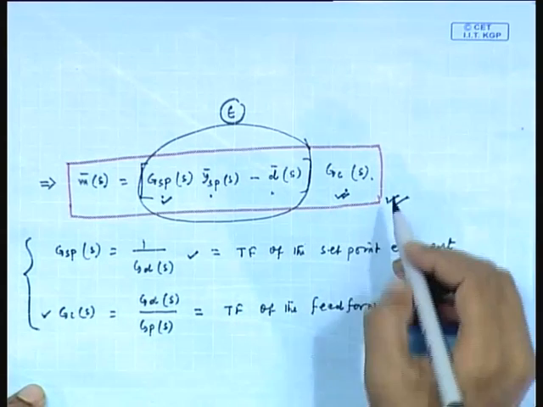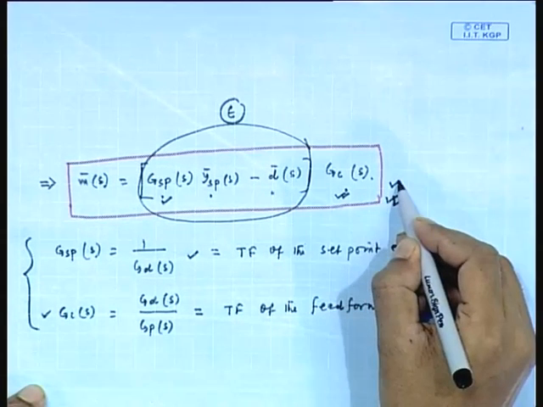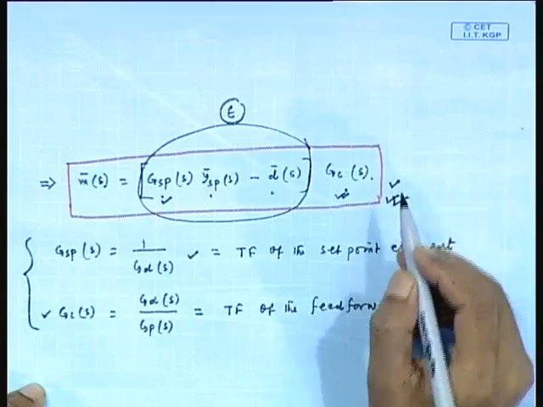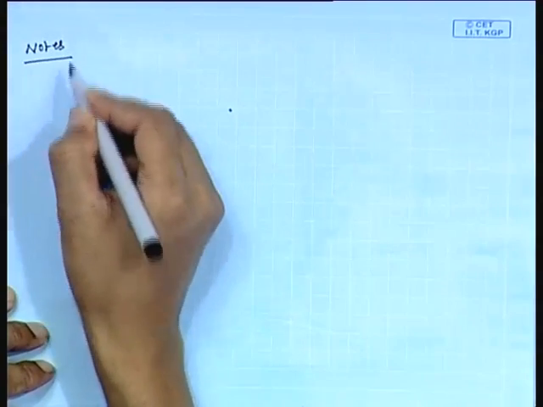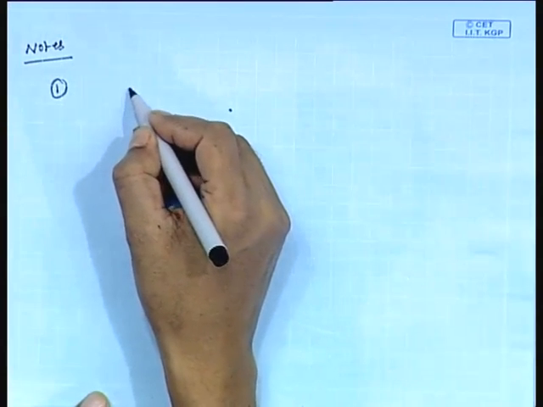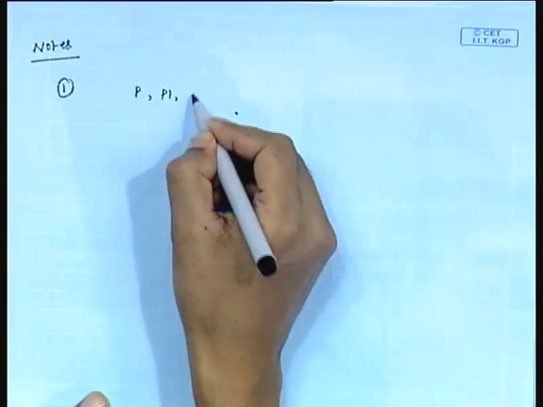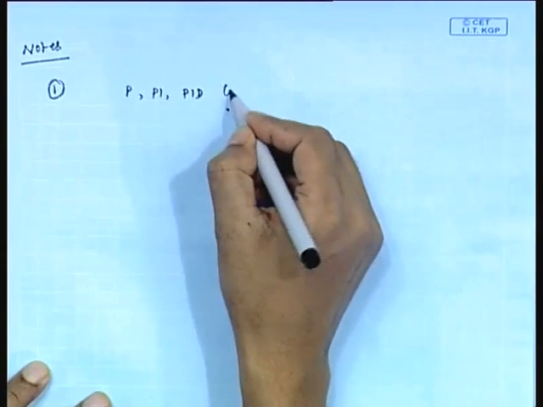If you compare this equation with any expression of P or PI or PID, it is obvious that the feed forward controller is not like P, PI or PID controllers. This is the first important point.